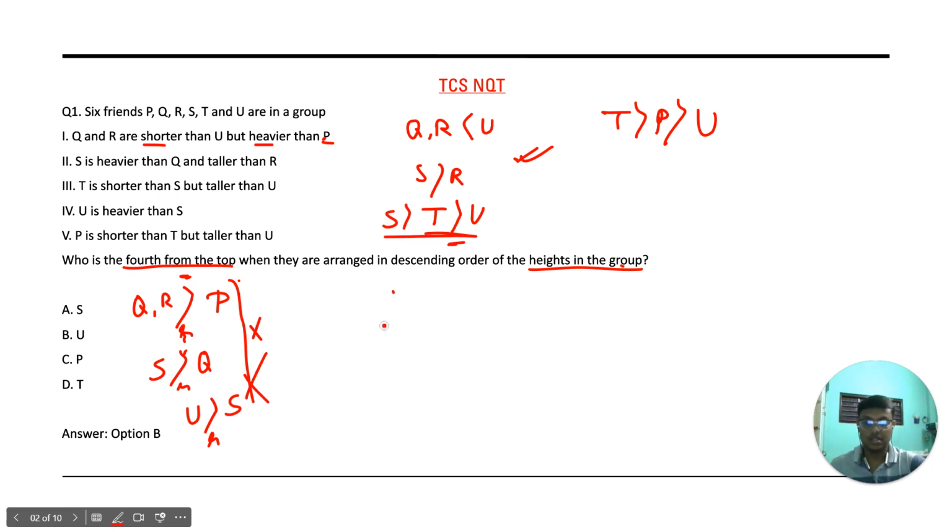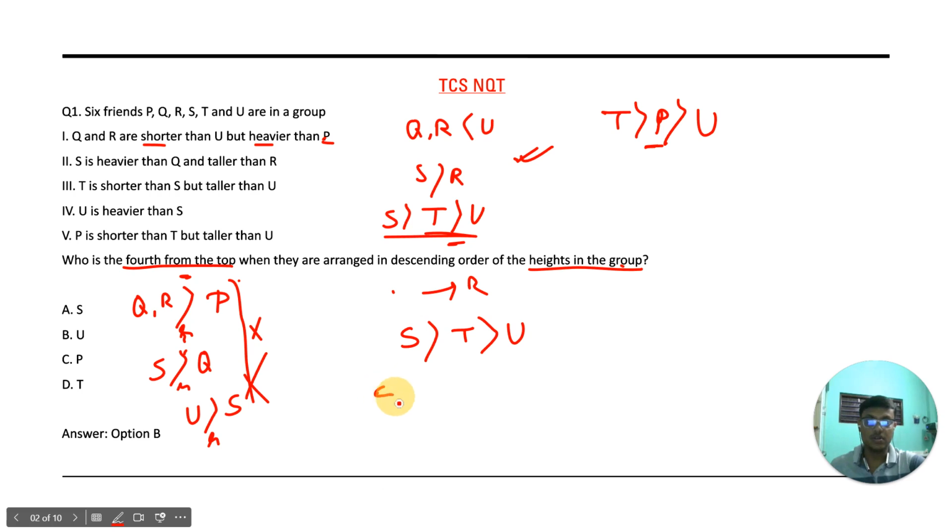This is S is taller than T and T is taller than U. Next is S is taller than R, so R is somewhere on the right of S. Next, Q and R are shorter than U. Also, P is in between T and U.